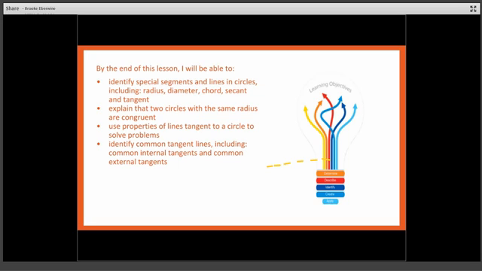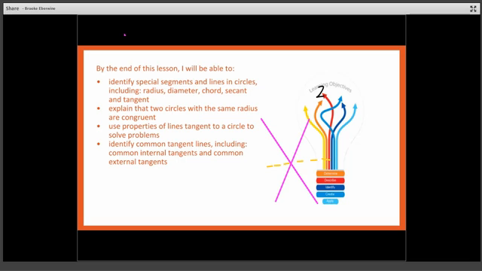We can see that there are 2. We have this line here, and we have this line here. They are both tangent to both circles, so that makes them common. And because they pass through the segment connecting the centers of the circles, that yellow dotted line, we say they are internal common tangents. So how many are there? There are 2.